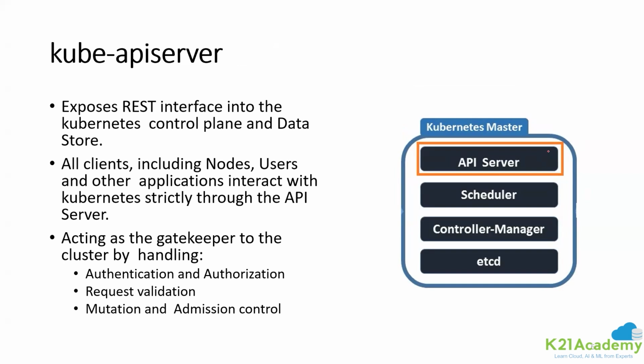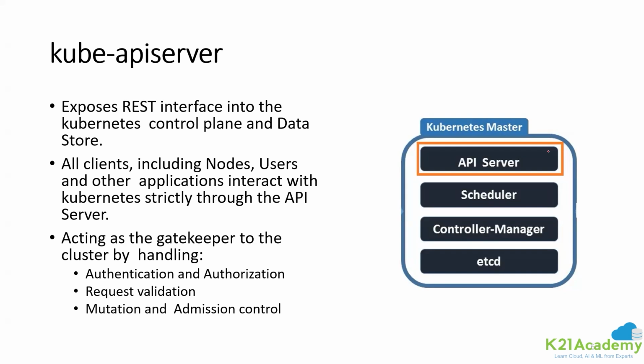You can think of the kube API server like a watchman, a gatekeeper, and every communication must go through the API server, the creation of your application, the management of your application. Everything is taken care of by the kube API server, and it helps you with features like authentication, whether you have all the correct certificates or not.